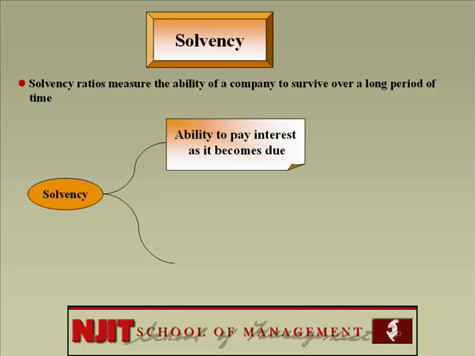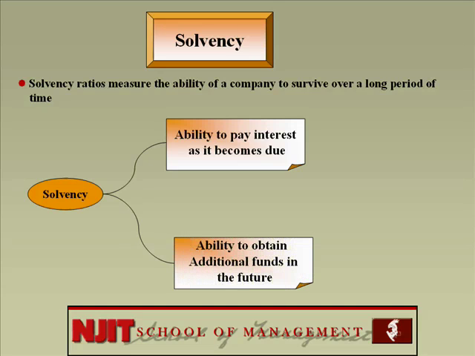If a company cannot pay interest when it becomes due, creditors, the chances are, will call in the loan and demand immediate repayment. That will definitely jeopardize the company's survival. Similarly, solvency is also determined by the ability of a company to obtain additional funds in the future.